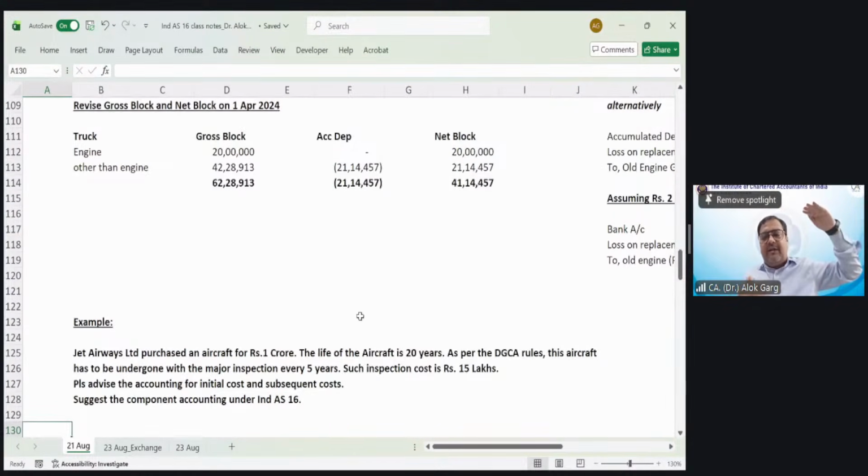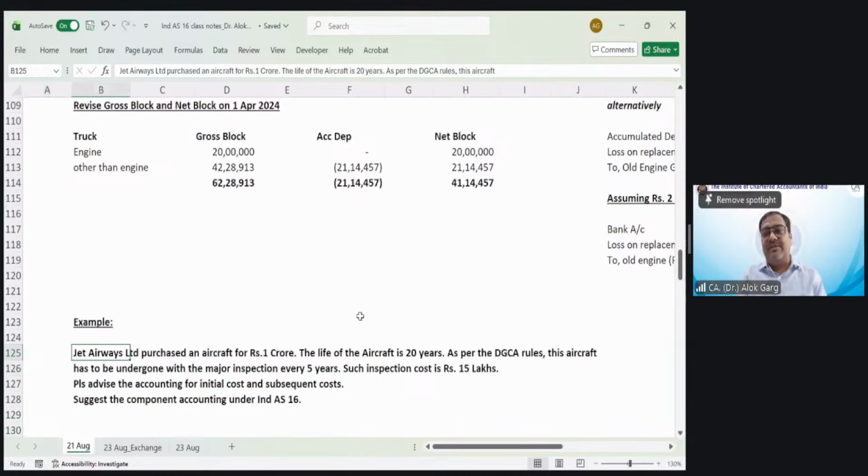And the remainder of the aircraft, for example, if the value of the aircraft is 100 crore and your inspection component is 10 crore, then 90 crore is shown as the remainder of the aircraft. The 10 crore is shown as an inspection component and depreciated separately over the inspection period. So major inspection, major overhaul, major replacement is going to be capitalized if it meets the recognition condition, and the old component needs to be decapitalized. Let's discuss this example to understand it better.